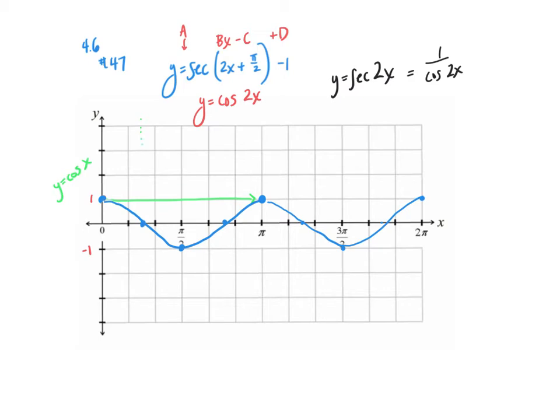So I'm going to draw in my asymptotes, where it looks like they're happening at pi over 4. This looks to be pi over 4 and 3 pi over 4. And then of course I could continue.